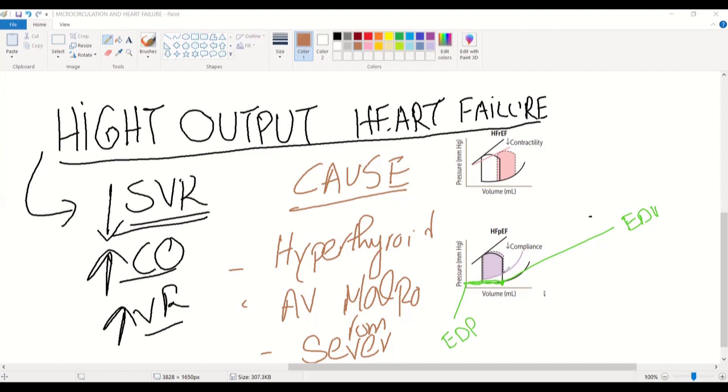This is a heart failure condition with preserved ejection fraction. What about the end diastolic pressure, increase or decrease? Increase. So if the pressure is increased, what about the compliance? Compliance is decreased. This is so simple, right? Yes.